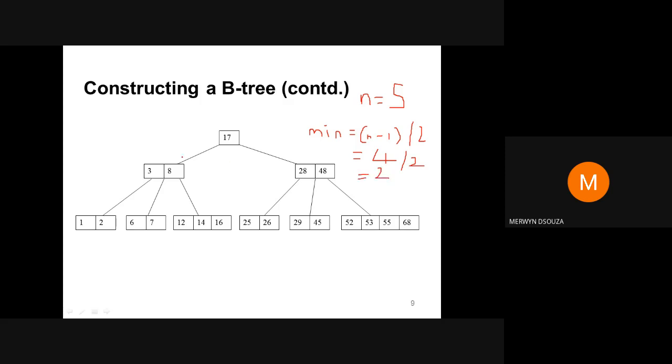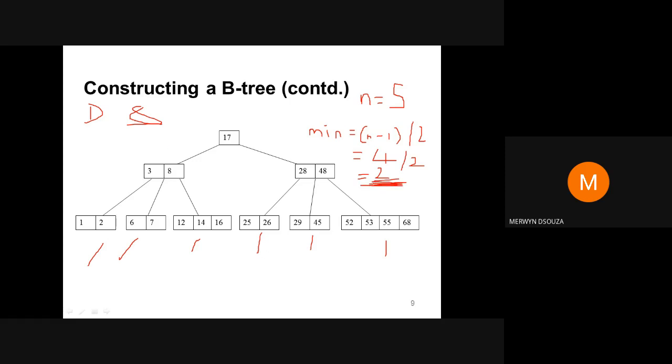Suppose you have been told to delete 8. If the key is in a leaf node, these are all your leaf nodes, then it's very good, you can directly delete it, checking the minimum number of keys condition.